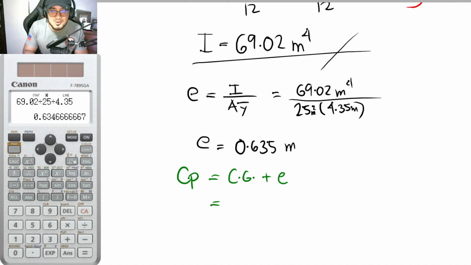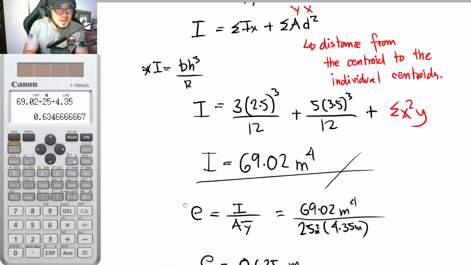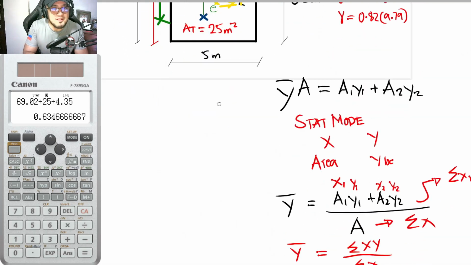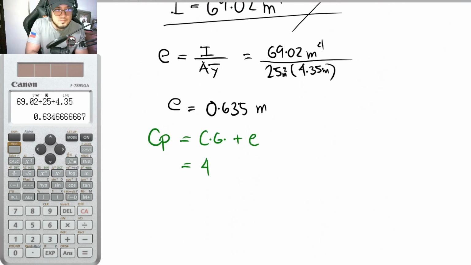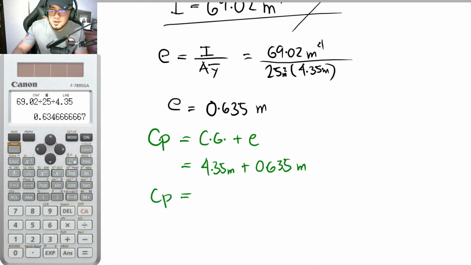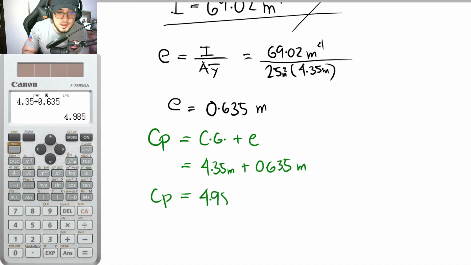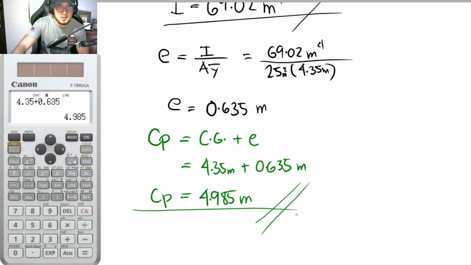So substituting known value, so 4.35 meters plus eccentricity of 0.635 meters. So the value of CP is now equal to, so looking at the calculator, so 4.35 plus 0.635. So our answer here is 4.985 meters. So yan po yung location po natin ng center of pressure.